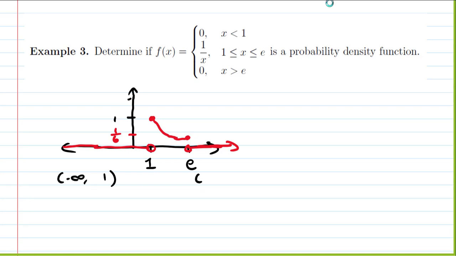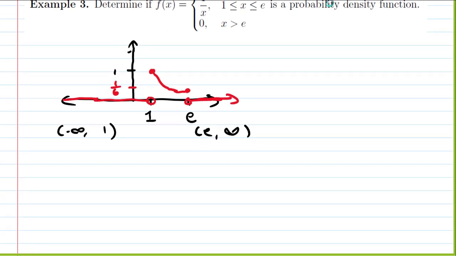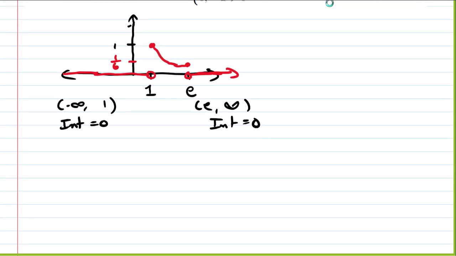And on the interval from e to positive infinity, what's the value of our integral going to be? 0, right? So our integral here is equal to 0, and our integral here is equal to 0. It's only non-zero for the values between 1 and e.